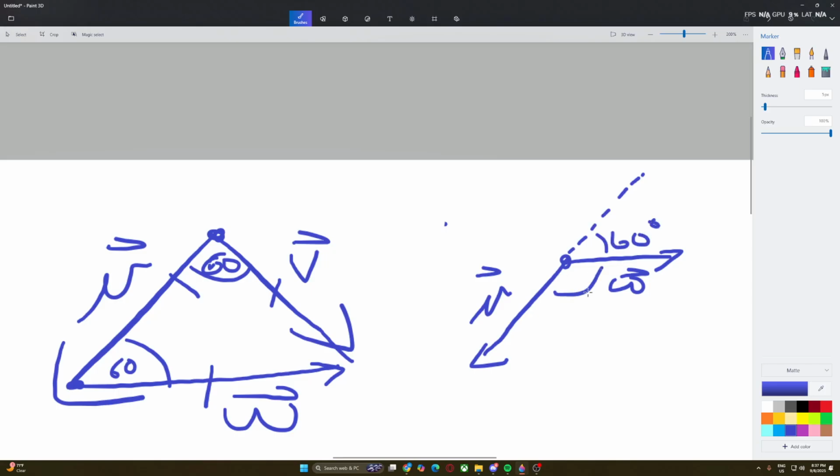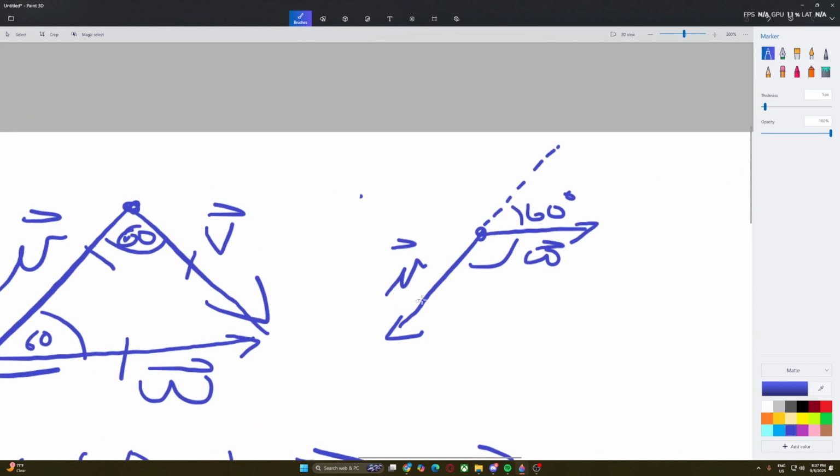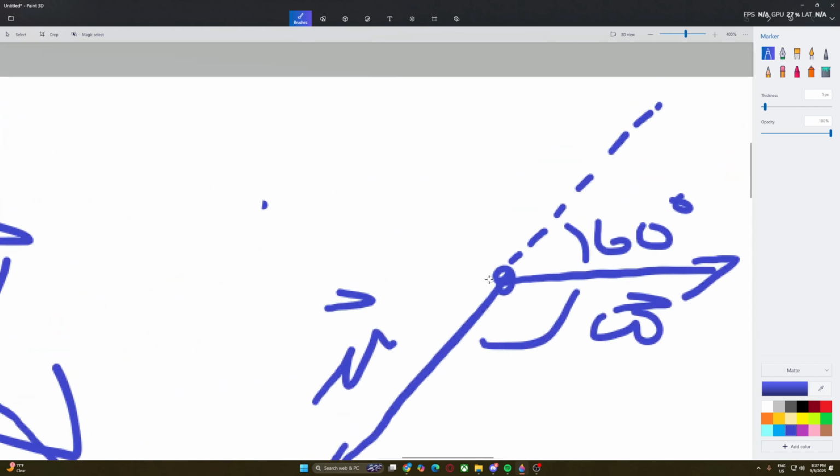But now we have to find this angle as the actual theta, and we can find that easily by making another fake line. By the geometry angle theorem, this is 60 degrees, and 60 plus something equals 180, so that's 120, and therefore this is also 120.